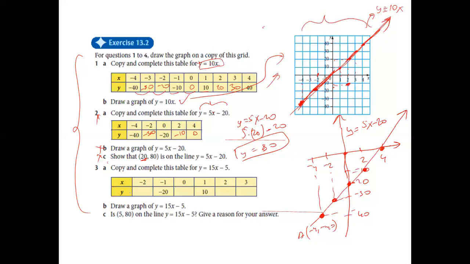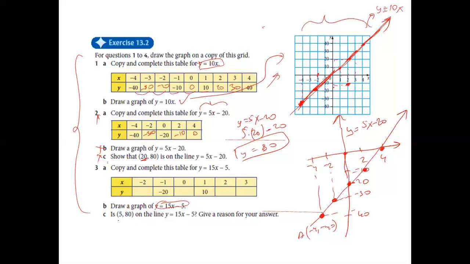And again, first of all, we need the values of y. Okay, we'll find them. And the second one is, in this equation, you can draw the graph. Approximately you will get the same straight line, maybe this one, maybe like this, or maybe like this, but you will get a straight line. And the last one is, is 5 and 20 on the line y is equal to, give a reason for your answer.